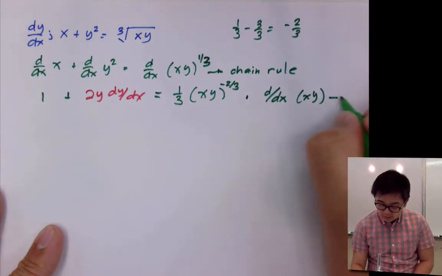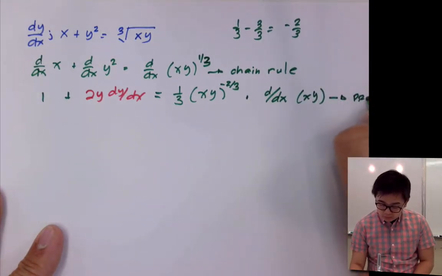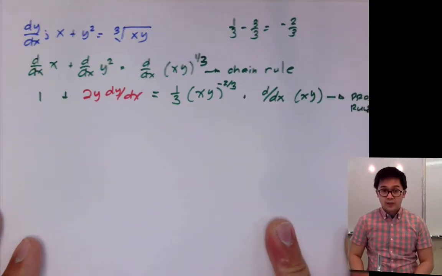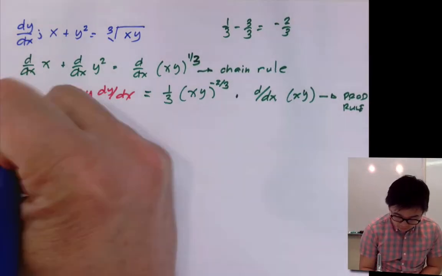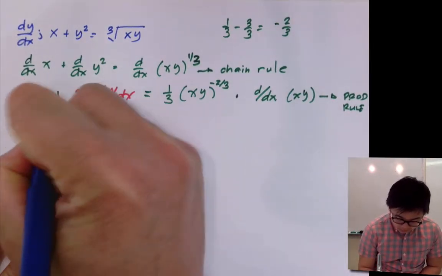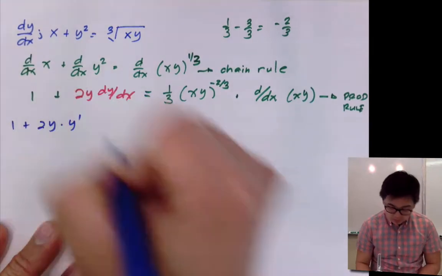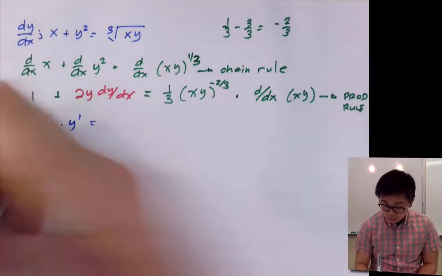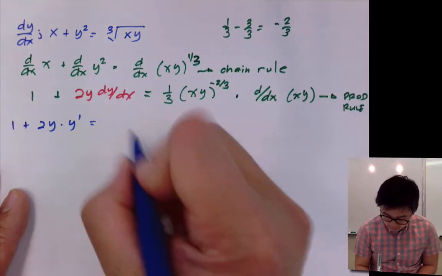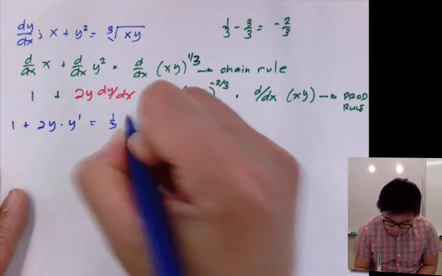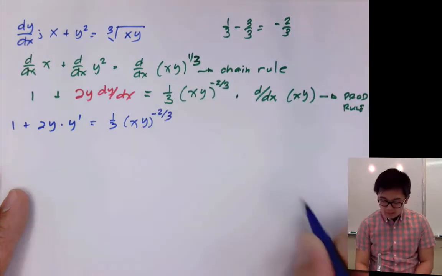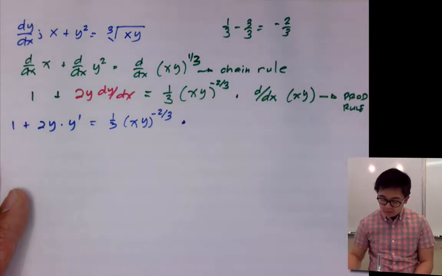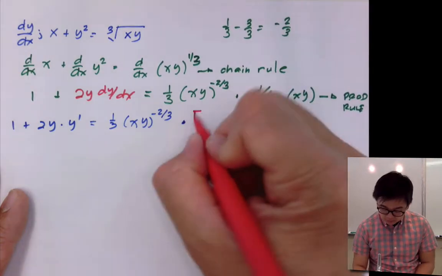And in this case, we'll use the product rule to find the derivative of xy. So let's simplify our function. We'll have 1 plus 2y, and let's use y prime so that we'll have a shorter equation right here, equals 1/3 (xy) to the negative 2/3 multiplied by the derivative of this term right here.